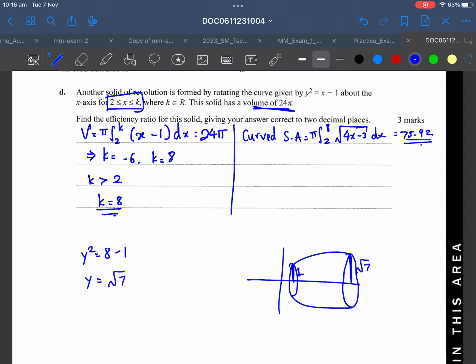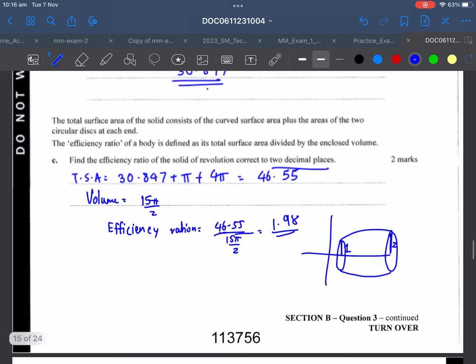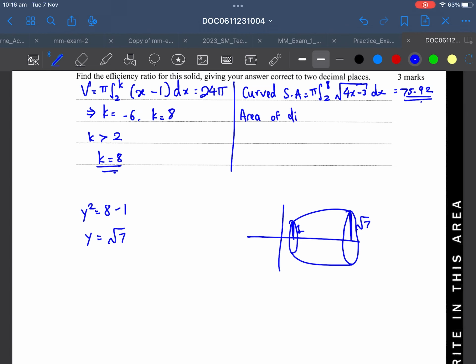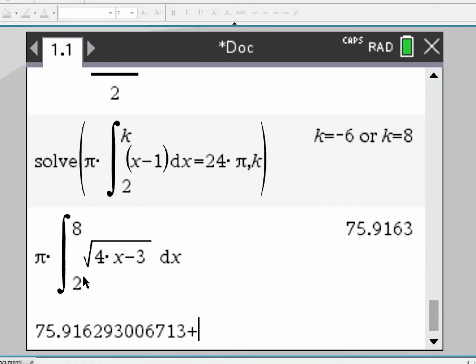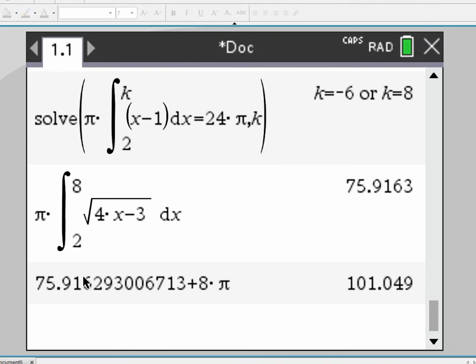Plus the circular discs. So the area of discs is going to be pi r squared. So r is just 1, so pi plus pi r squared, so 7 pi, which is going to be 8 pi. So 7.952. Ooh, I had to write total surface area equals 75.92 plus 8 pi, which is 101.05.